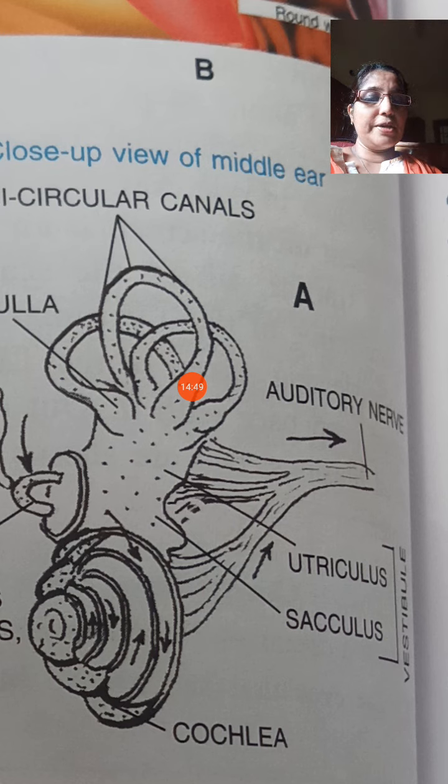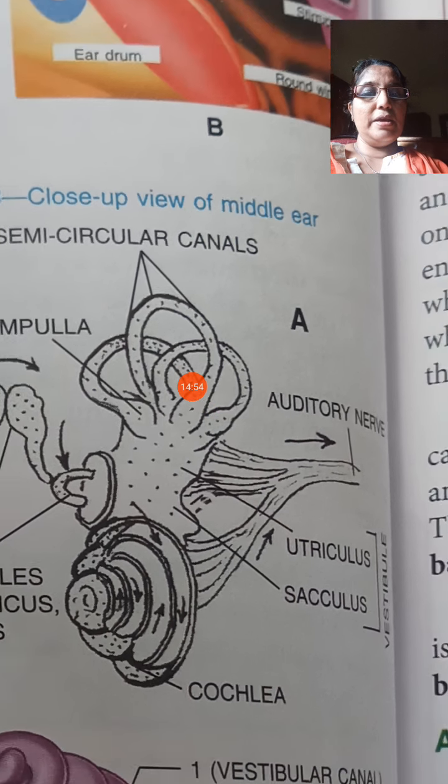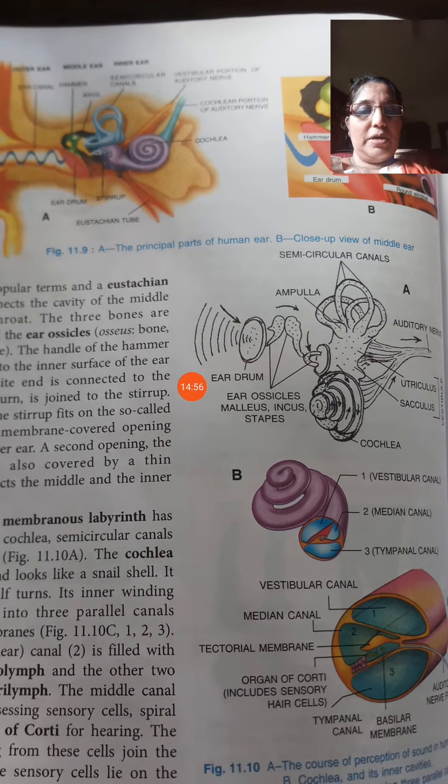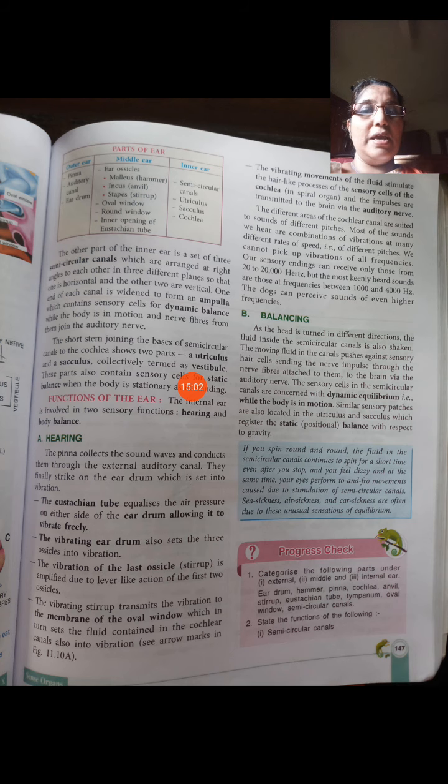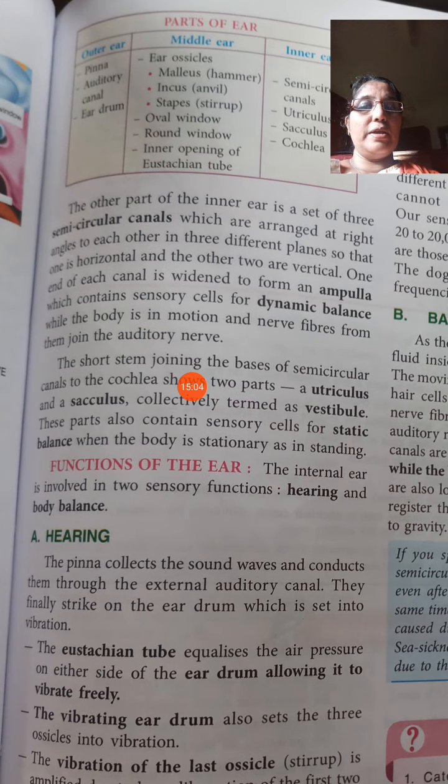Then the utriculus and saccule help to identify when a person is not moving, that is the static balance of the body.